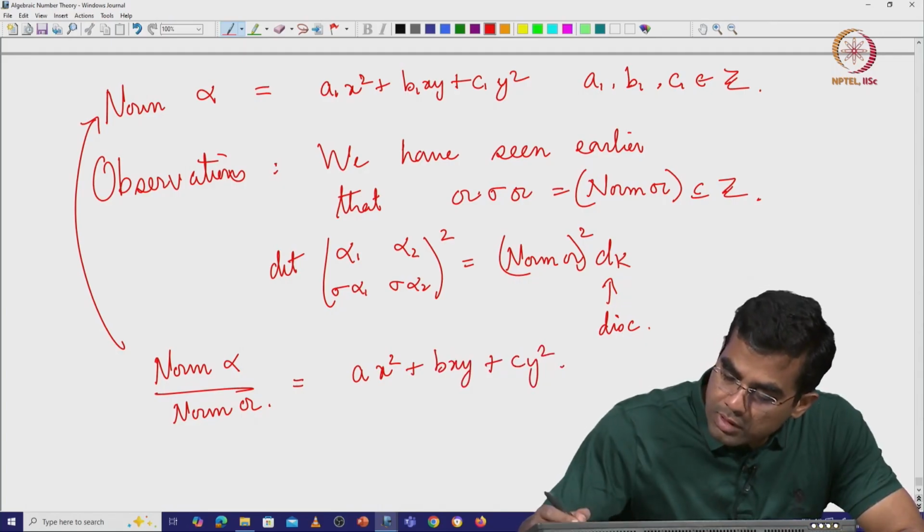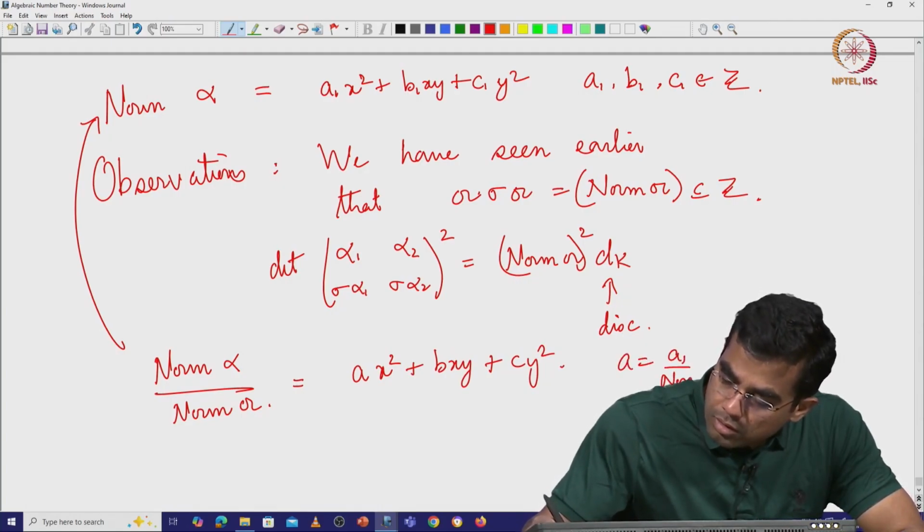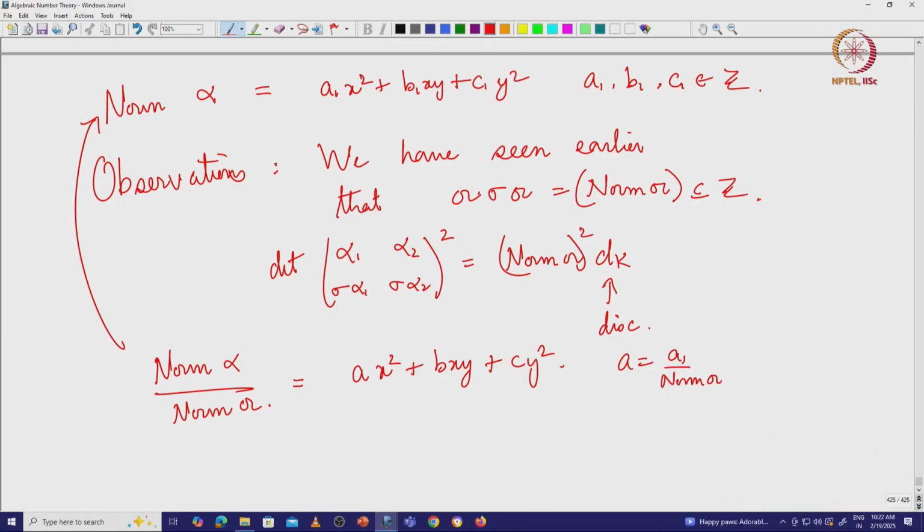And what are these a, b, c? a is A1 by norm of A, b is B1 by norm of A, and c is C1 by norm of A.